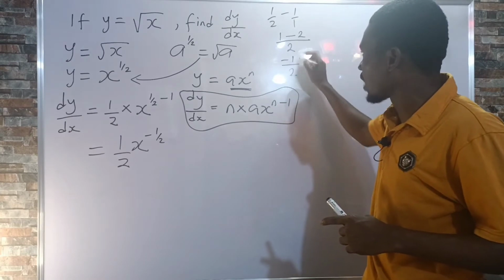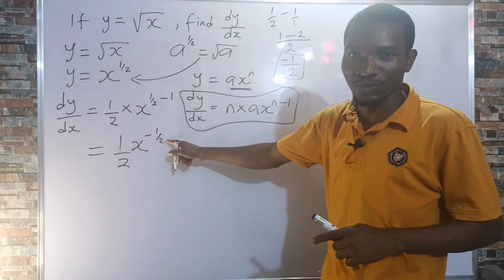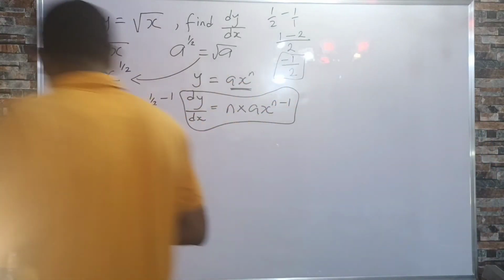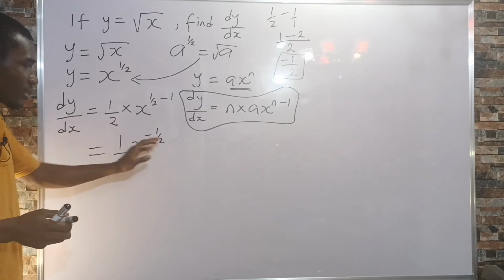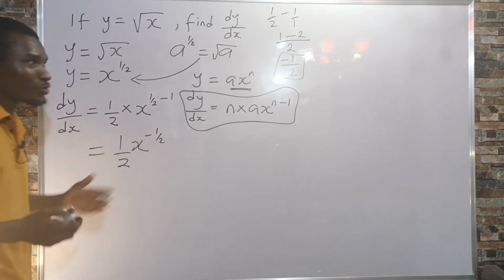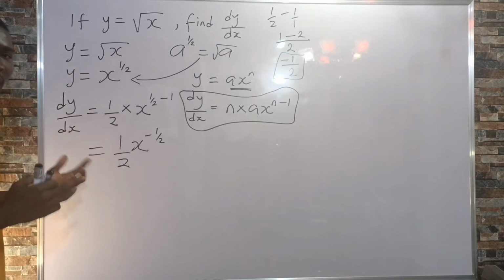I have negative half here, and that is the negative half I have here also. But with your normal knowledge, you already know that half minus 1 will give you negative half. But for convenience, you can as well solve it like this and have your negative half as well.